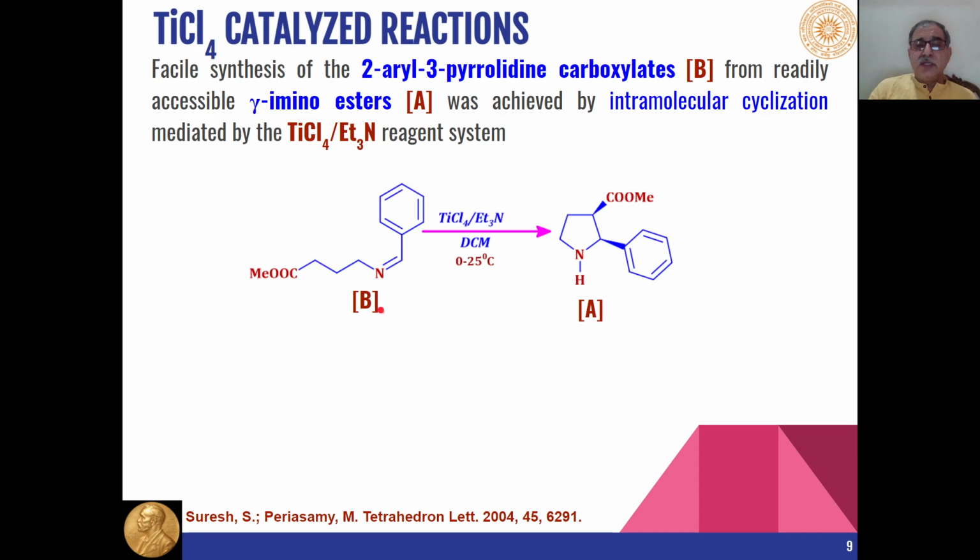So basically, there is a mistake. It should be B, and this A should be over here. So gamma amino esters are these ones, and these are 2-aryl 3-pyrrolidine carboxylates.